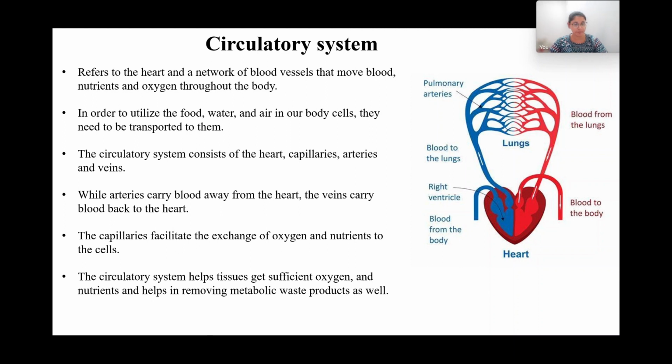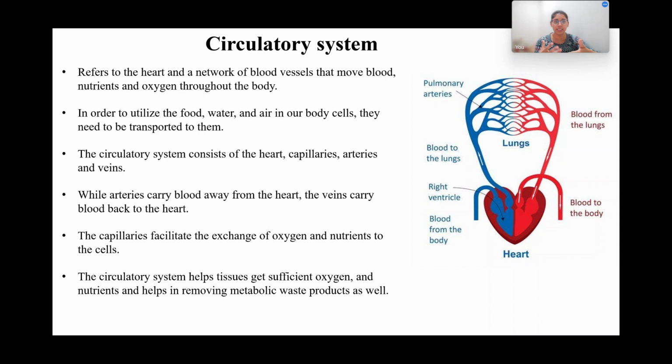And as I mentioned in the first point, this consists of the heart and a network of blood vessels, which can be further divided into veins, arteries, and the capillaries, depending on what type of blood it is carrying and the function of the site of exchange of these blood vessels for the blood and the organ. So in general, arteries carry the blood away from the heart.